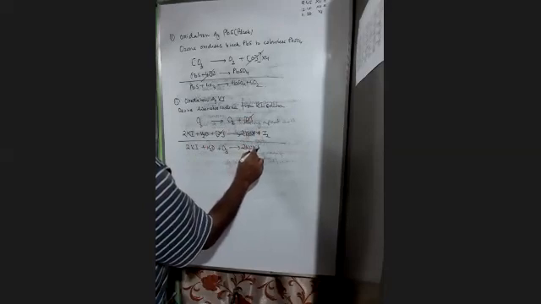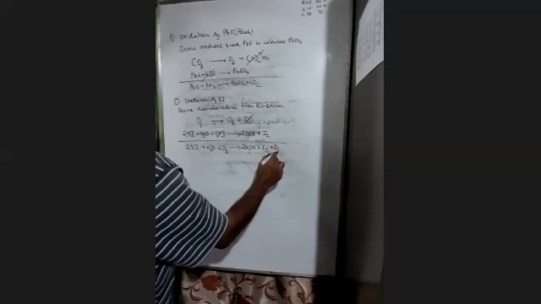So 2 KI plus H2O plus O3 gives you 2 KOH plus I2 plus O2.